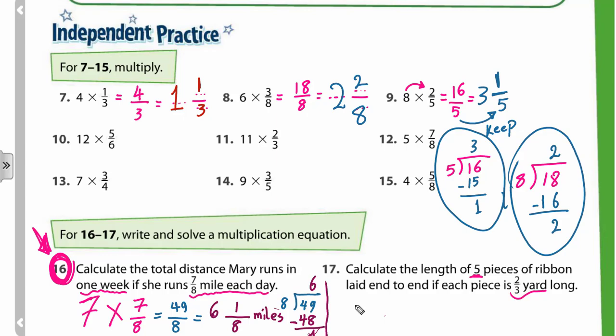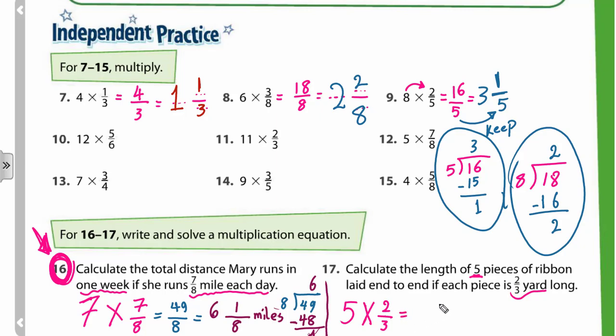multiplication. Okay, so what should I write? 5 multiplied by 2/3. Okay, great.